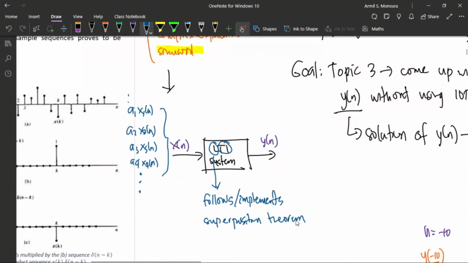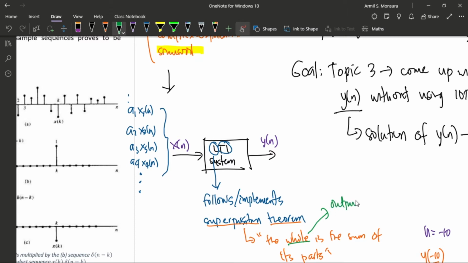And as I discussed this last time, ang pinakamadaling way to describe the superposition theorem is to use the phrase: the whole is the sum of its parts. And I'm referring to yung whole dito, this whole is actually the output sequence. Meaning yung kabuuan or the entire output sequence yn is determined by the sum of the parts.